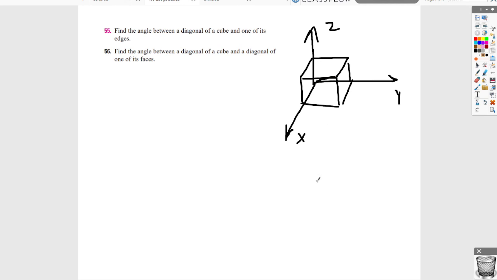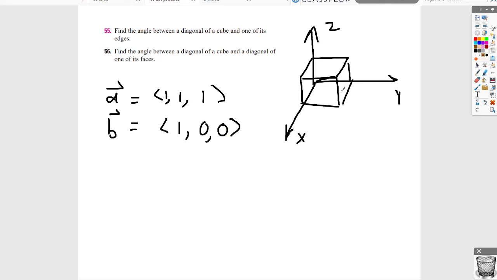The diagonal is 1 in every direction, 1, 1, 1. So let's do A is 1, 1, 1. And one of its edges can be anything. So let's do B is 1, 0, 0. It has to be 1, 0, 0 or 0, 1, 0 or 0, 0, 1. It can be any of that, right? But all of its edges move only 1 in one direction.